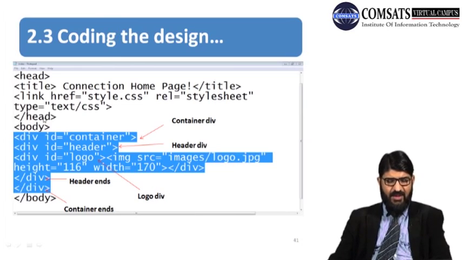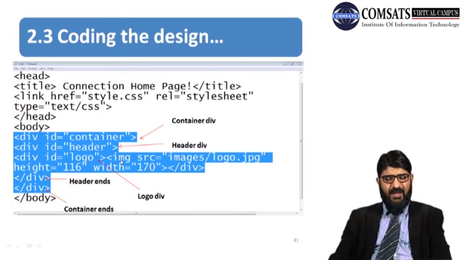Head section is closed. Now the body tag is started, and here the first div ID, that is container, the first div ID that we have designed in the style, is mentioned. Then the second div ID, that is header div, is mentioned. Then the third div ID, that is the logo div ID, is mentioned. And for logo, we want that our logo should be displayed, an image should be displayed.